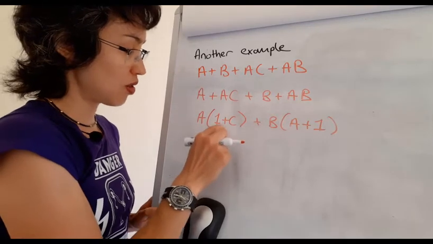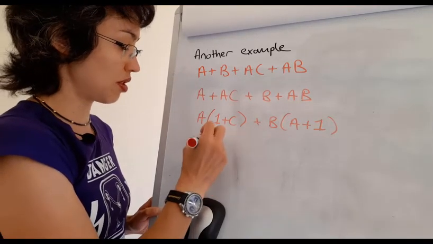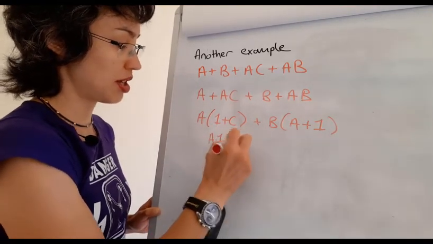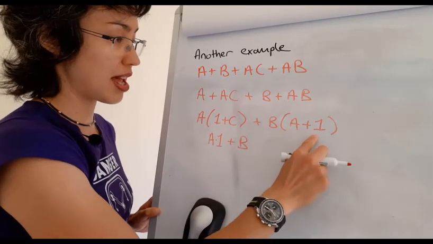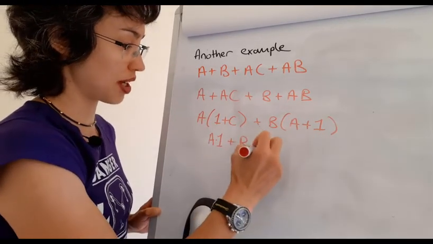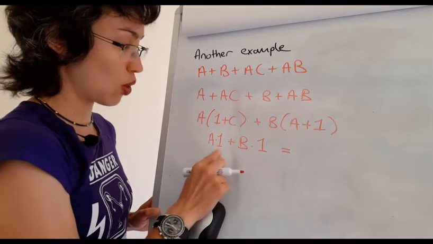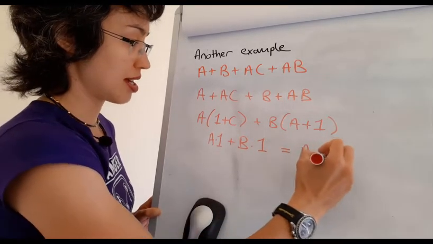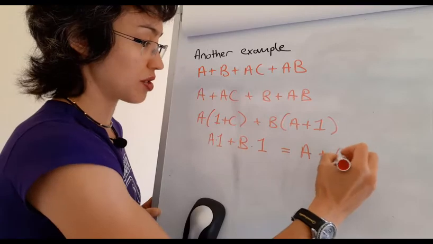And 1 or C is always going to be equal to 1, so I end up with A times 1. And here I get the same, A or 1 is always going to be 1, so I get B1. And A and 1 is always going to be A, and B and 1 is always going to be B.